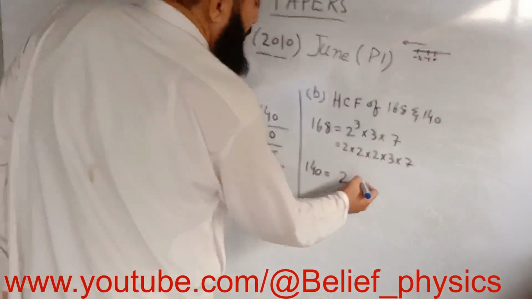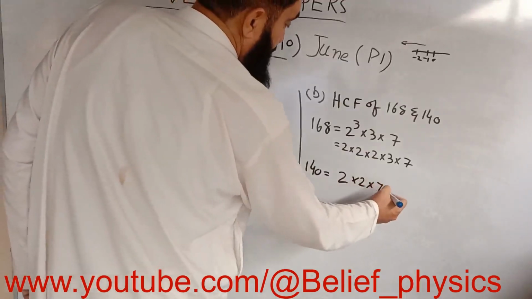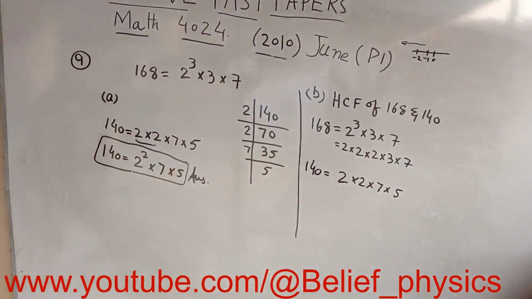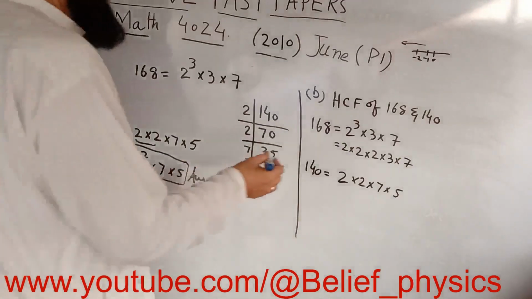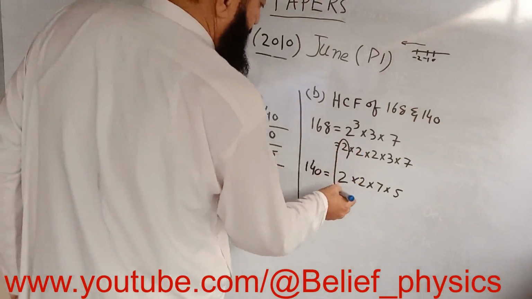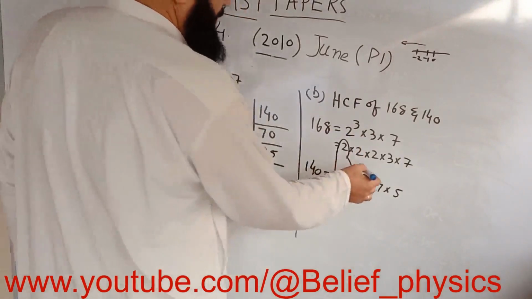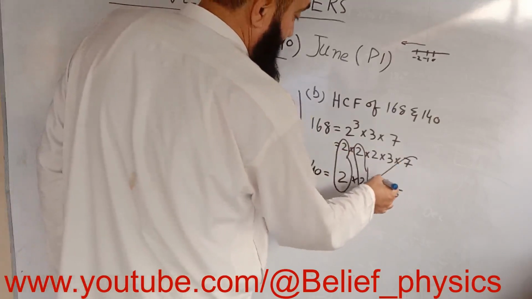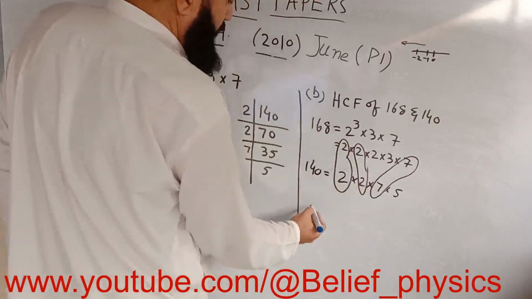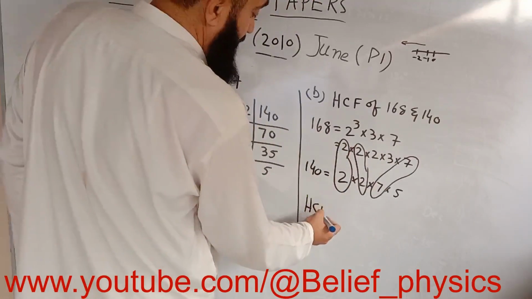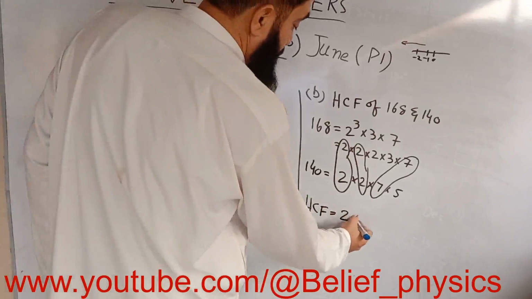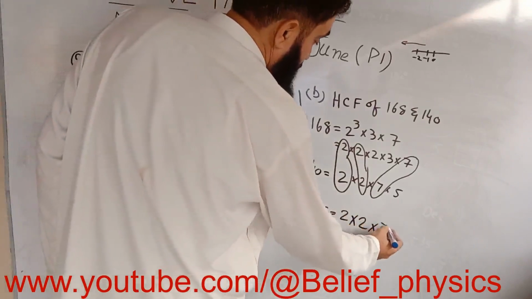So it becomes 2 into 2 into 7 into 5. For the highest common factor, we will only take the factors which are common in both. What is common here? 2 is common. This 2 is again common. And the 7 is common. Therefore, the HCF of 168 and 140 will be equal to 2 into 2 into 7.